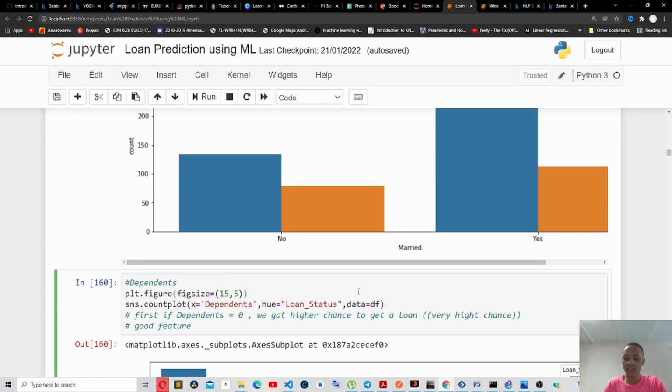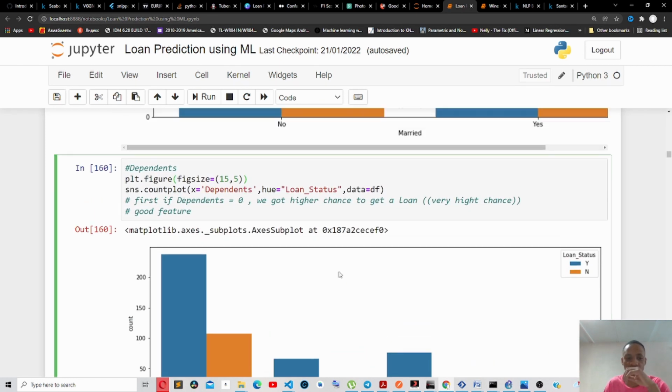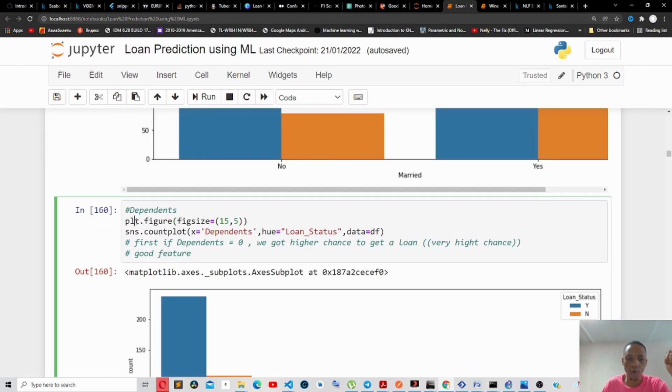And then the other thing that we are going to look through is the dependents, right? So we are going to use a count plot, and then we provide the x variable, dependents, compared against the loan status, and then we provide our data frame, right?